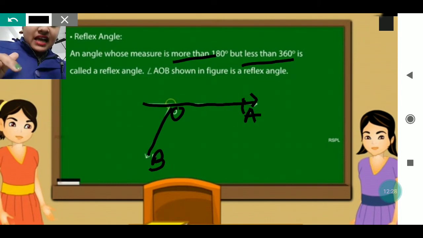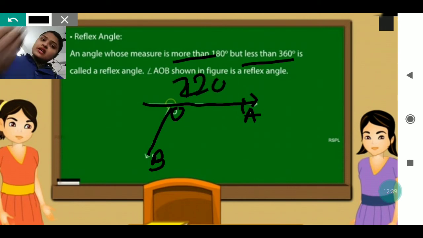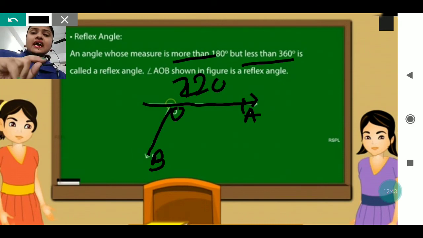When you measure this angle, you can get any measurement which is more than 180, like 220. 220 is greater than 180 and lesser than 360. So this angle is known as a reflex angle.